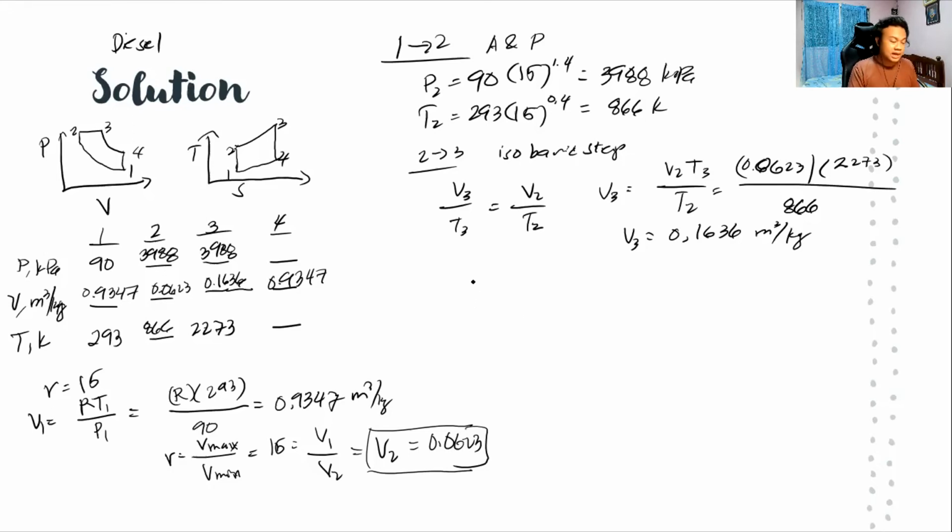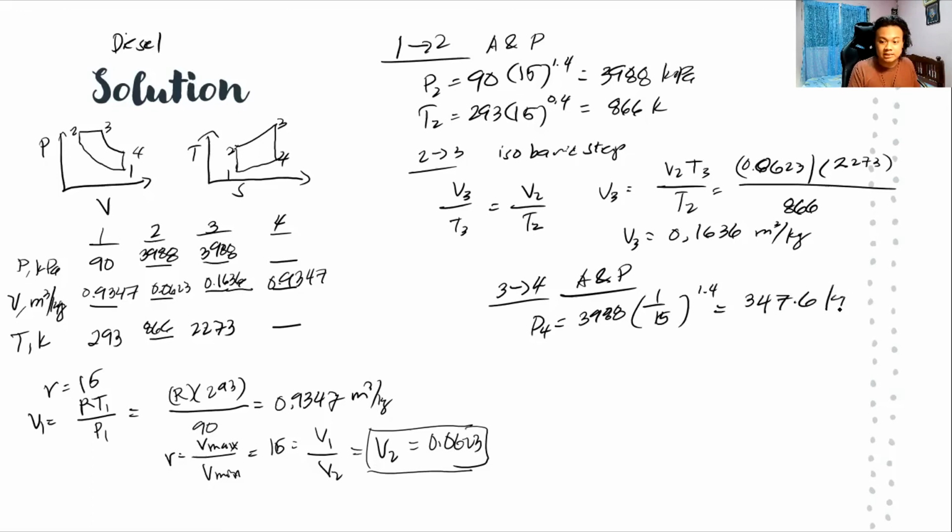Okay, so now we will get to step 3 to 4, which is still adiabatic and polytropic. So what I have taught you earlier to get the pressure faster: 3988 times the reciprocal of your compression ratio raised to 1.4, and then you can get 347.6 kPa.